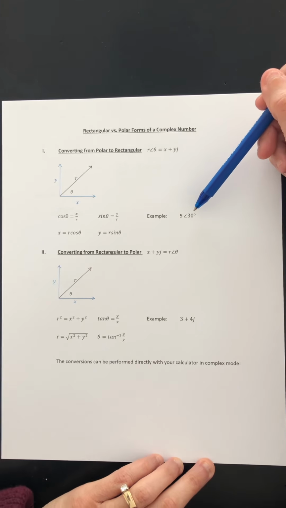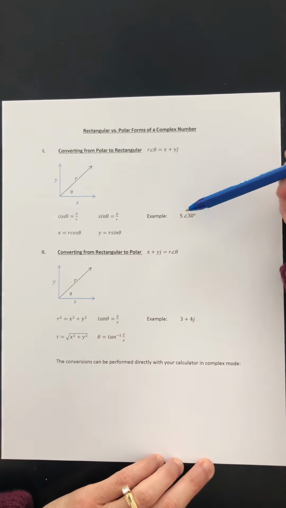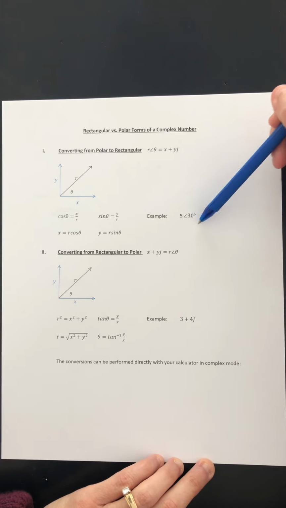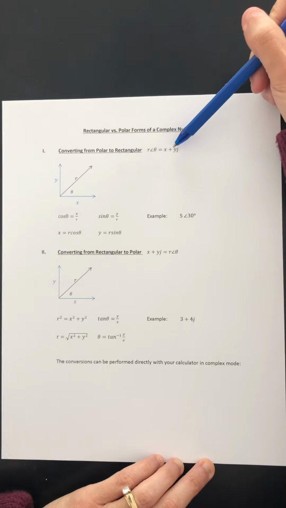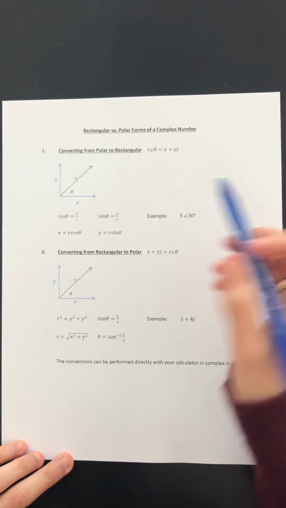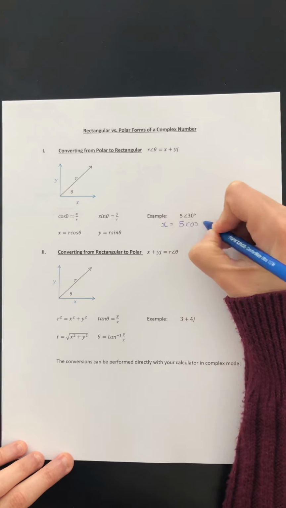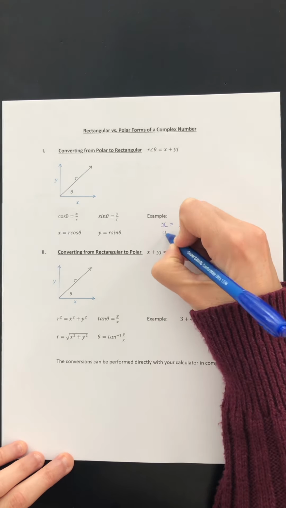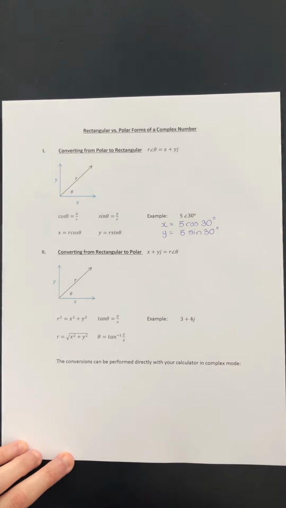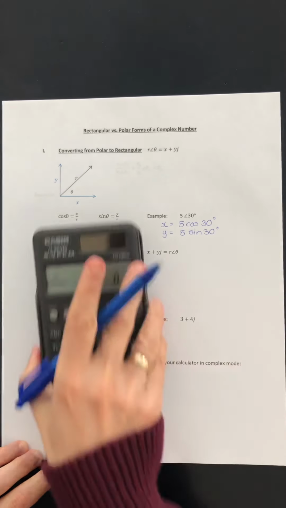So I'll just go through this example with you. For example, if we're given this length is equal to 5 and this angle is 30 degrees, we should be able to write out x plus yj for a determined value of x and y. So what would we do? We would say that x is 5 cos 30 degrees and y is 5 sine 30 degrees. Okay, so then just with your calculator, let me make sure your calculator is in degrees, okay?